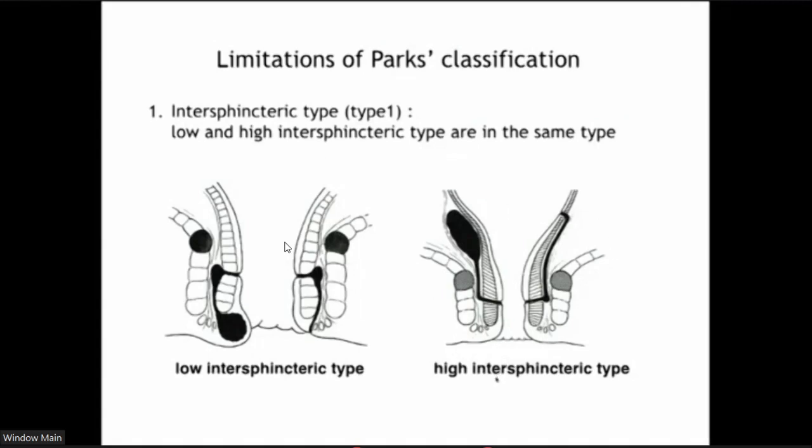The high intersphincteric type is very complex, and it is in the same type as the simple one. If you put this picture to a student and ask which type it is, no one knows it's a type 1. But in fact, it's a type 1. So this is not correct.